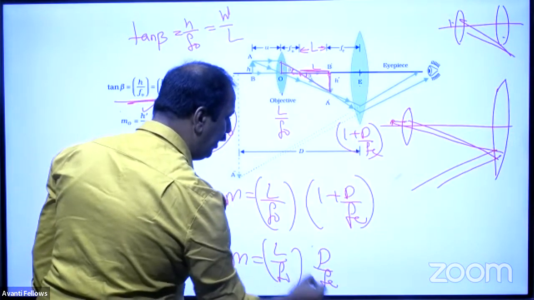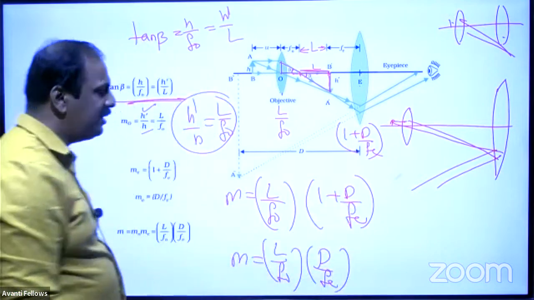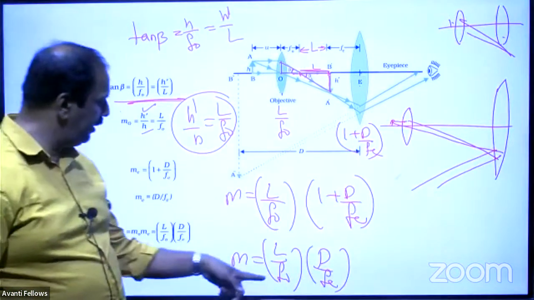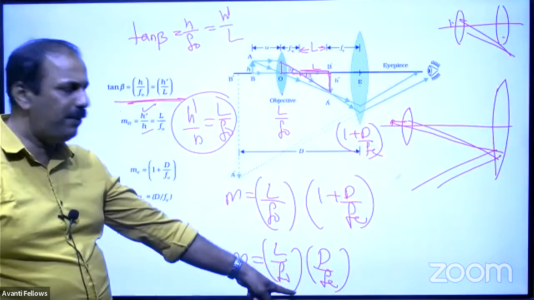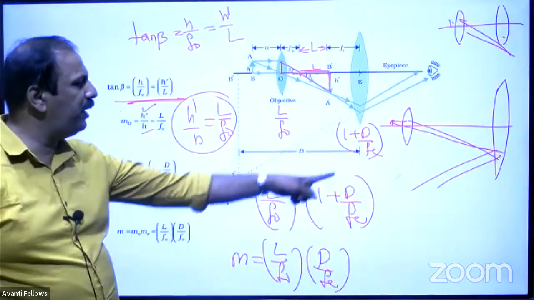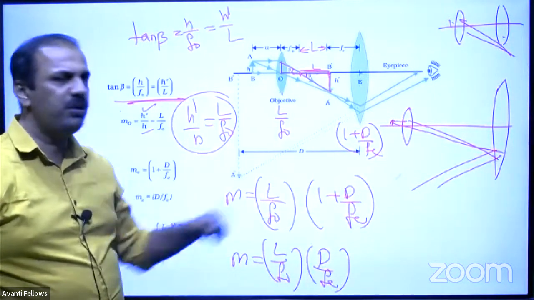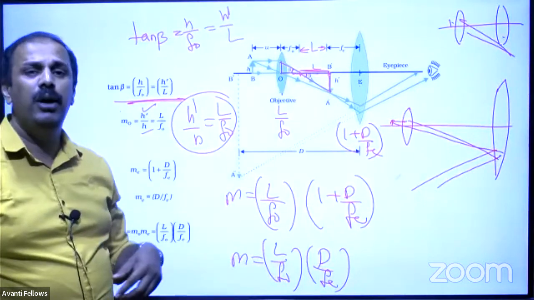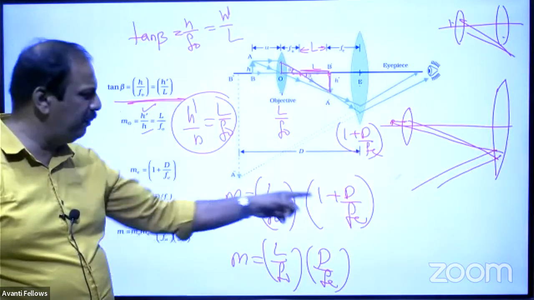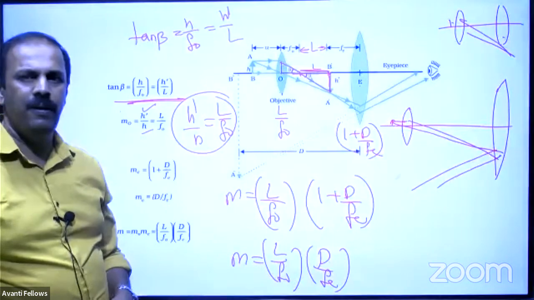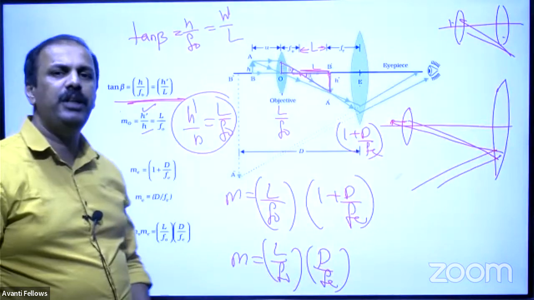Why have we written two like this? Because the situation is different. When the image is formed at infinity, this will be the magnification. When the image is formed at the near point D, this will be the magnification. Here also we have two values for the magnification. It can be like this or it can be like this, depending on the position of the image.